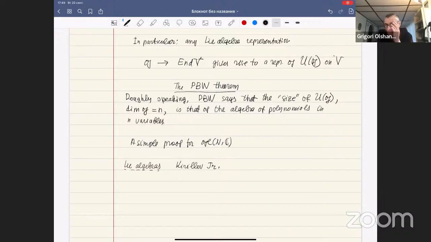And on the universal enveloping algebra in general, there is a very nice book by Dixmier, which is just called Universal Enveloping Algebras. It exists in French, in English, in Russian. But this is a very detailed book which contains many things which I will not discuss.